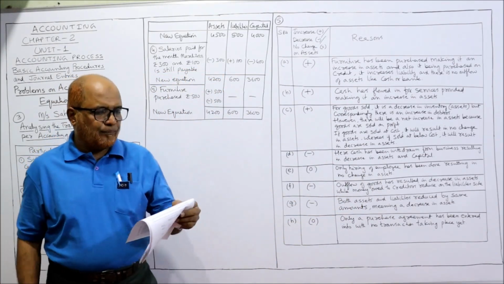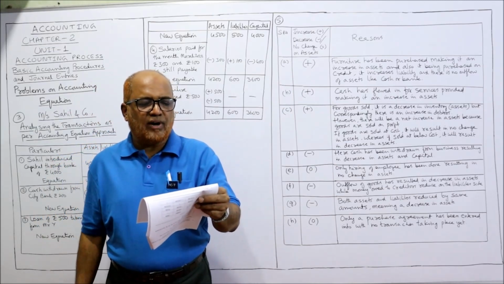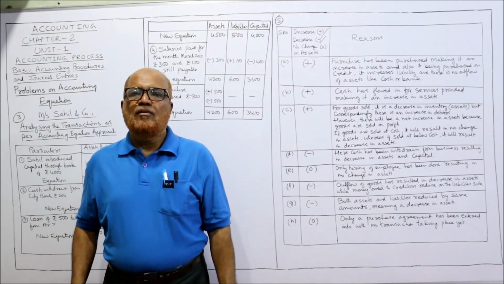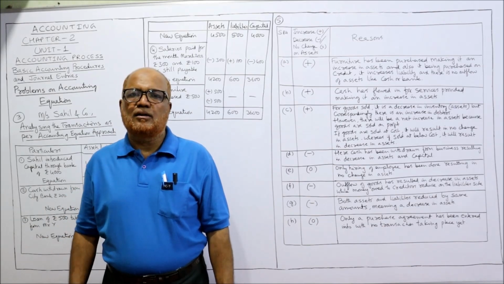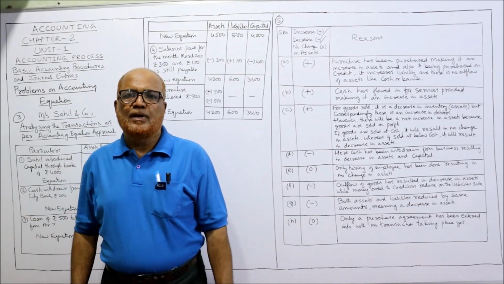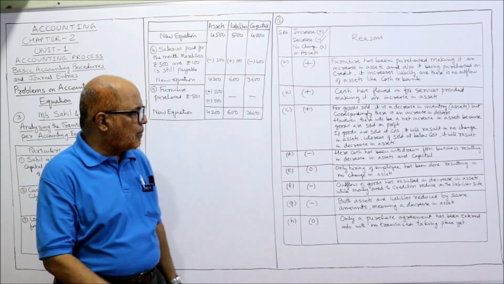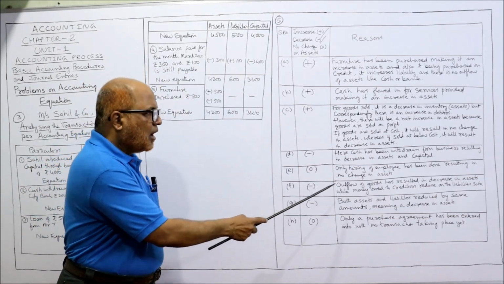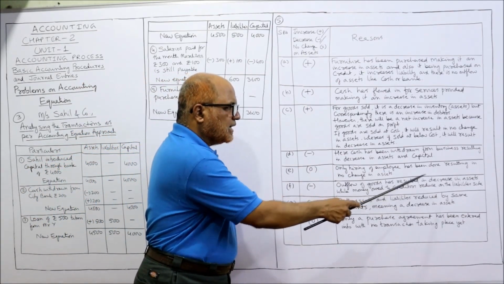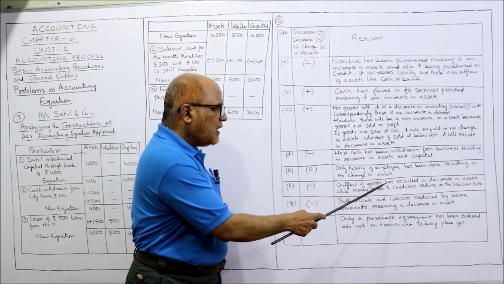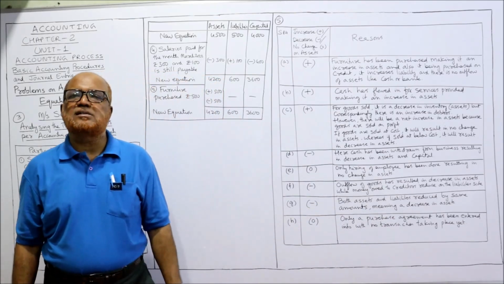Next one, F. Returned goods worth rupees 50,000. When goods are returned, goods are going out. When goods are going out, the assets will decrease. So minus. Outflow of goods has resulted in decrease in assets, while money owed to creditor reduces the liability side.